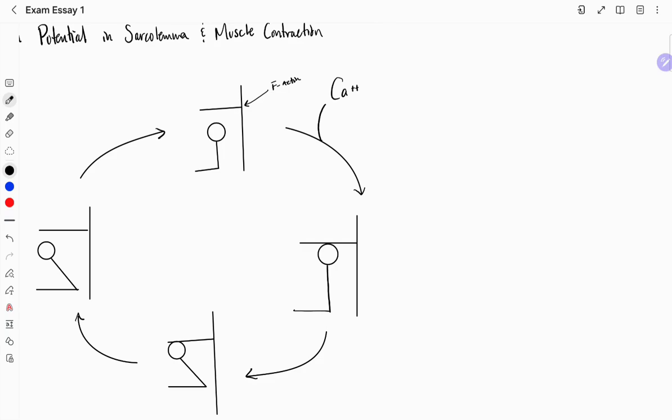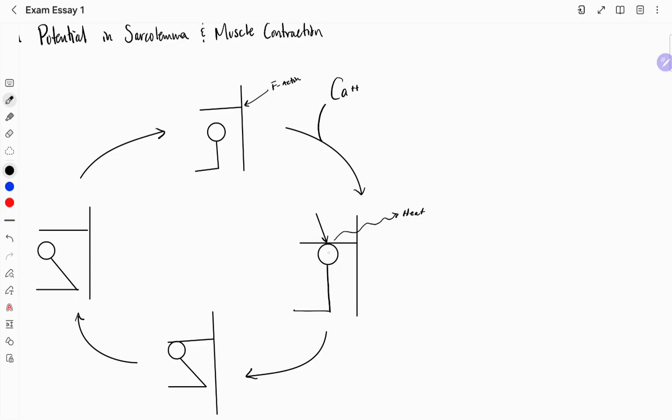And remember, this calcium is going to bind to troponin. Troponin will remove tropomyosin, and that'll make the binding sites on the F-actin available to the myosin head. And so when we have this calcium coming in, that's going to cause this right here. Notice this difference. Myosin head is now bound to the F-actin, which is going to release heat.